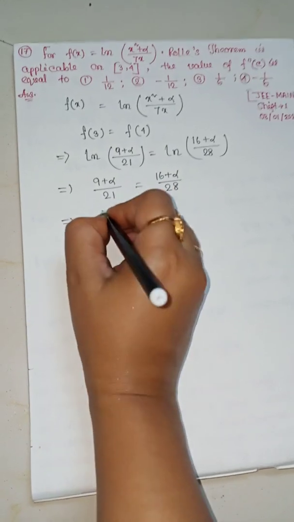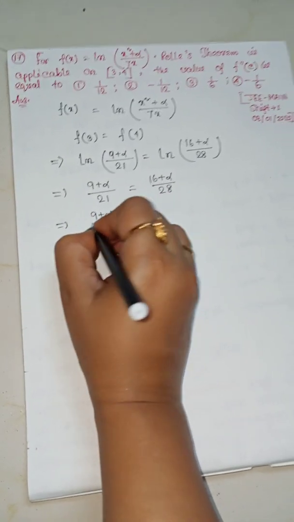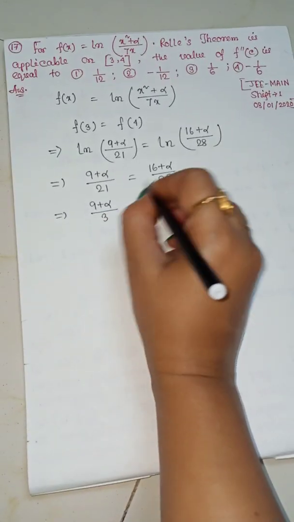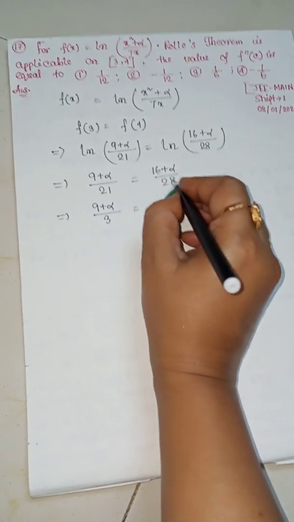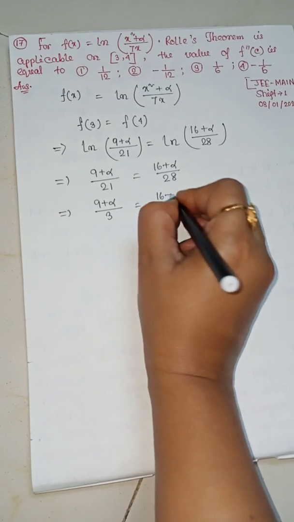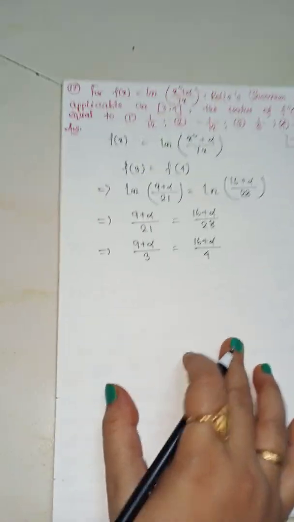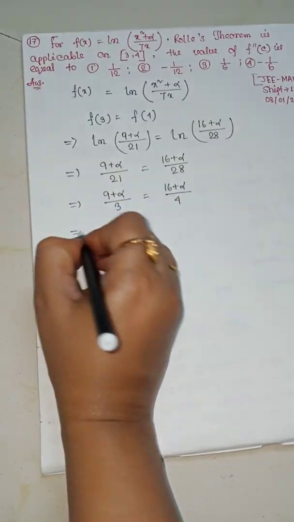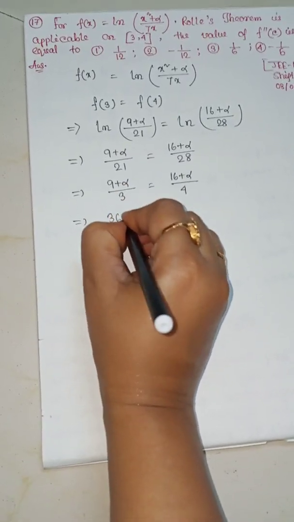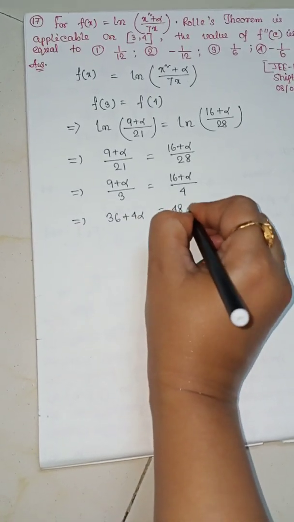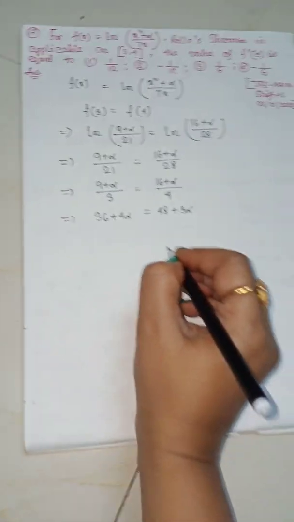That implies (9 + α)/3 = (16 + α)/4, as 7 is cancelled off from the denominators. By cross multiplication we get 36 + 4α = 48 + 3α.